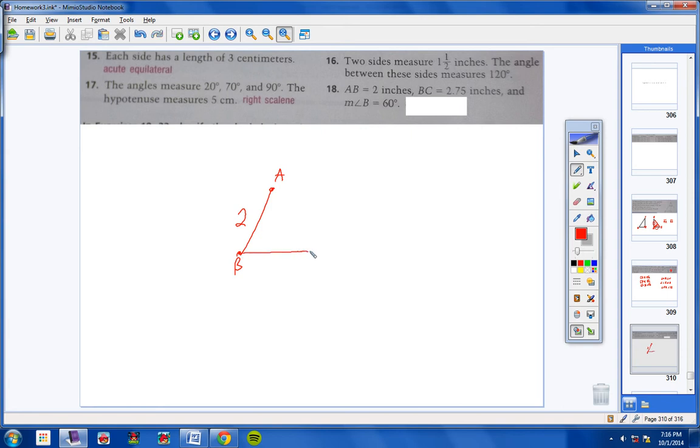I think that's about 60. And then BC is 2.75 inches, so it would be that much, then a little more, like that. Okay? And this is 60 degrees. All right, now let's take a look at this and think this through. First of all, we know that this side here is 2.75.